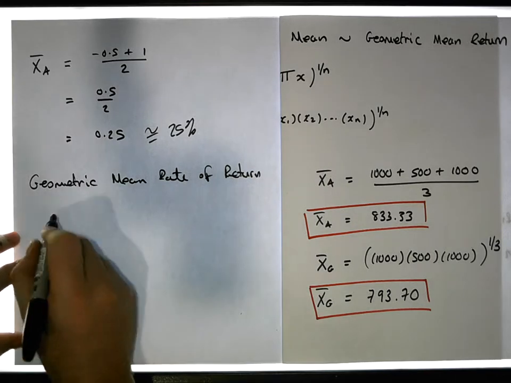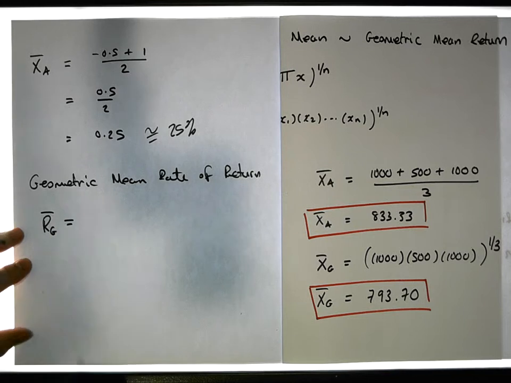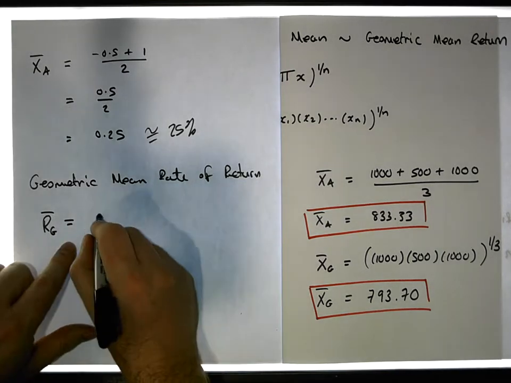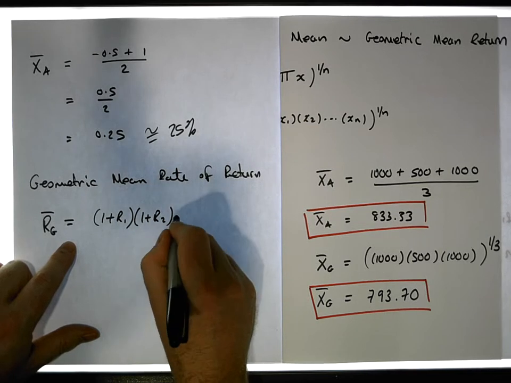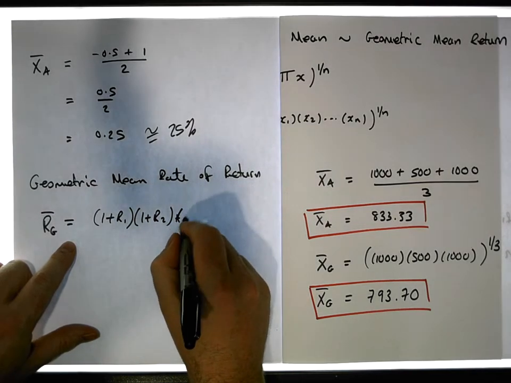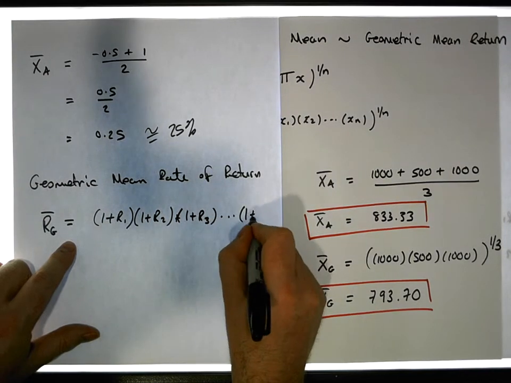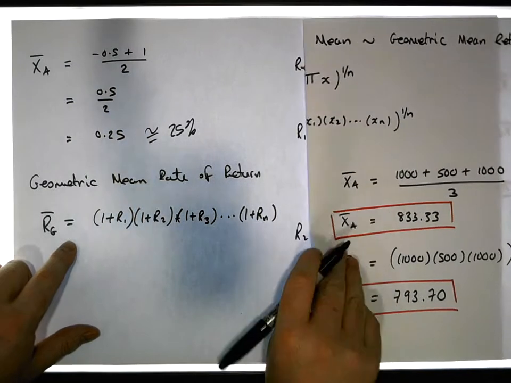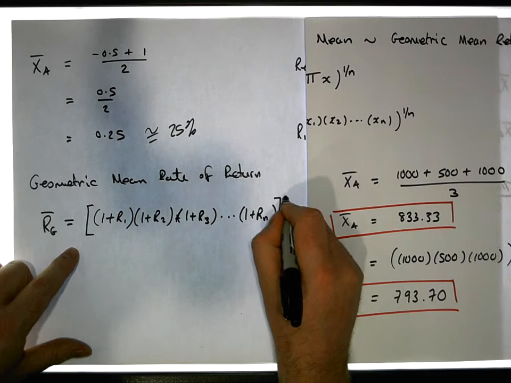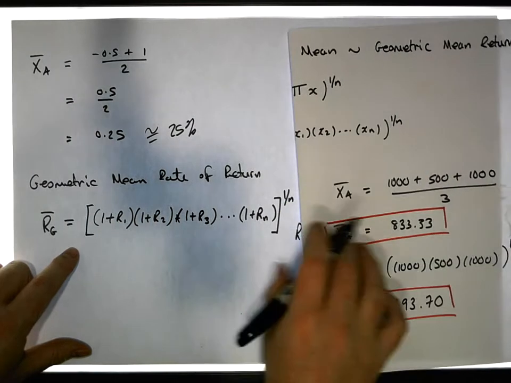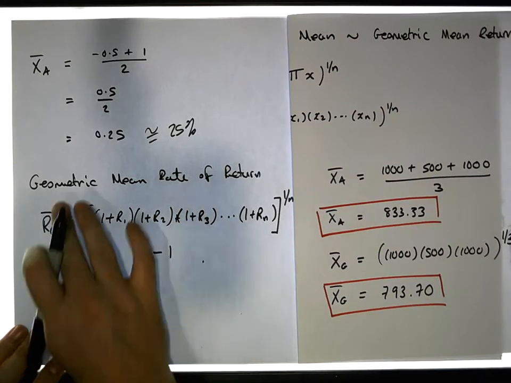The geometric rate of return is simply equal to, and I'll explain this, 1 plus R1 times 1 plus R2 times 1 plus R3, all the way through times 1 plus Rn. Looks complicated, and it's the nth root of that, so it's this raised to the power of 1 over n, and we also take 1 away from it. This is what's known as the geometric mean rate of return.